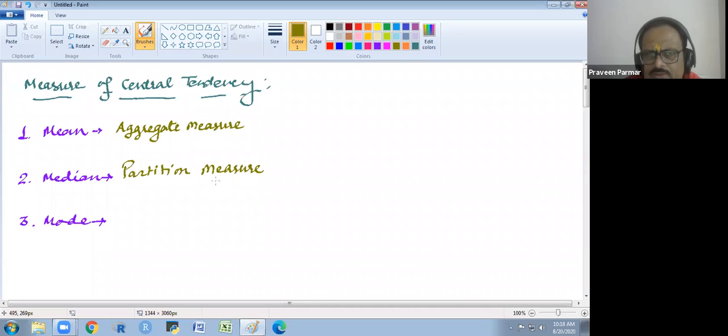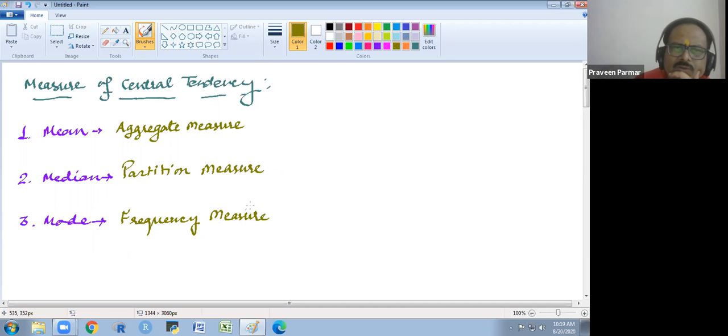So it is a partition measure. Third one is the mode. Mode is a frequency measure, because the value of the highest frequency term is called the mode. Got it?